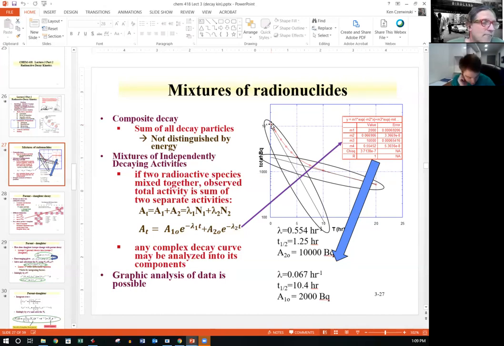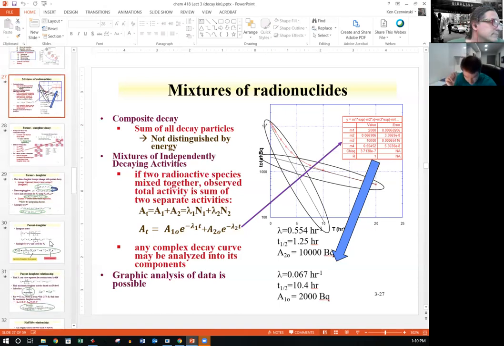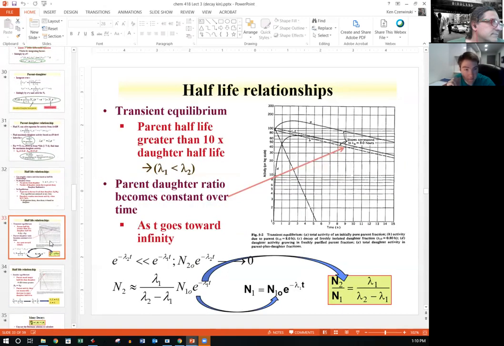Also, just finishing up here, when we're talking about transient equilibrium, I think that's on slide 33. This could be a good example of how you could apply the ERG nuclide program if you really wanted to.